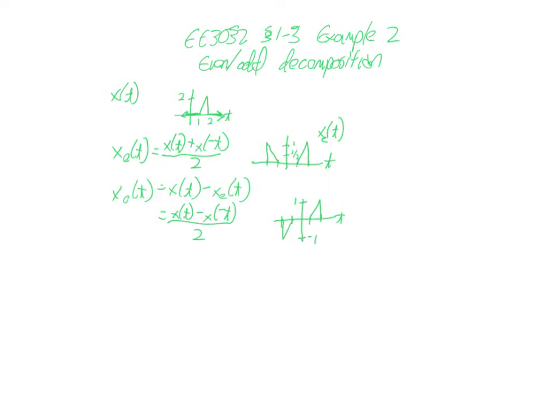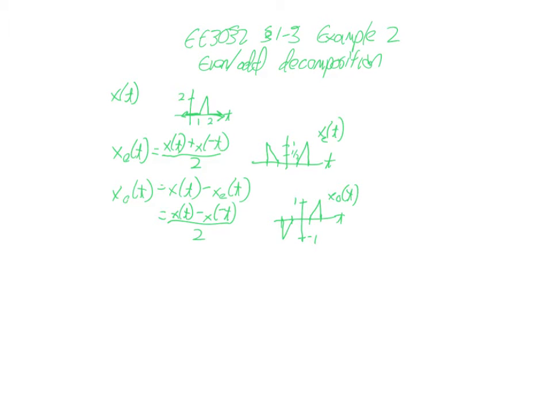Now, if I add these two signals together, the even portion and the odd portion, we can see this and this cancel out because they are the negative values. And this triangle and this triangle are the same value. They come from the x of t over 2 here, which is the same in both formulas. They're going to add up, and I'm going to get up to the original height of 2 instead of 1.